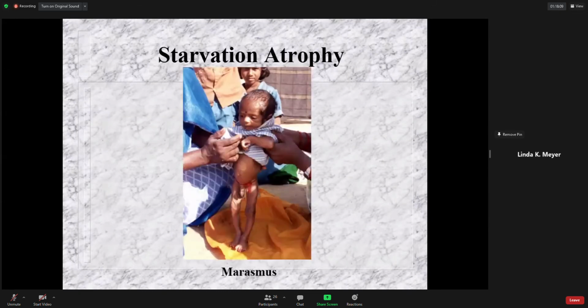Okay, starvation atrophy. There's a disease called marasmus, where there's a deficiency of calories and nutrients. And this is what can happen in some of those third world countries in which famine is prevalent.